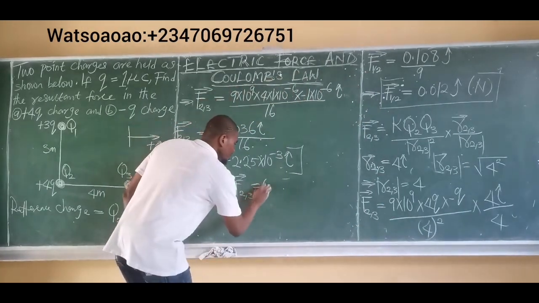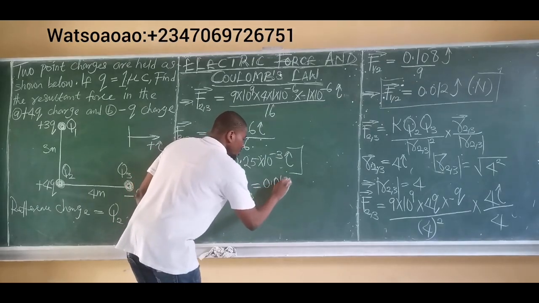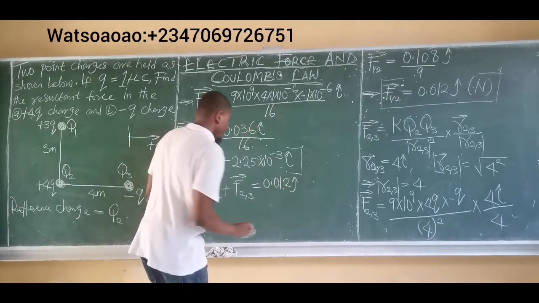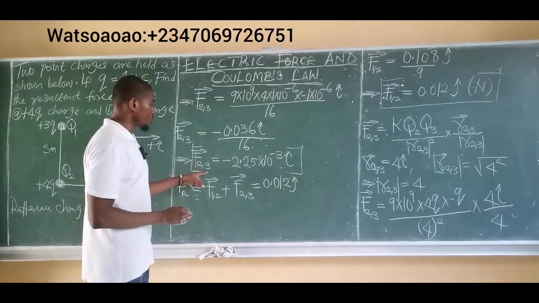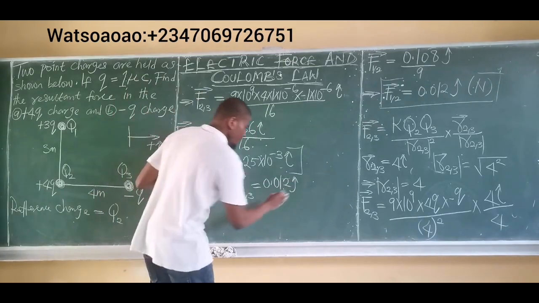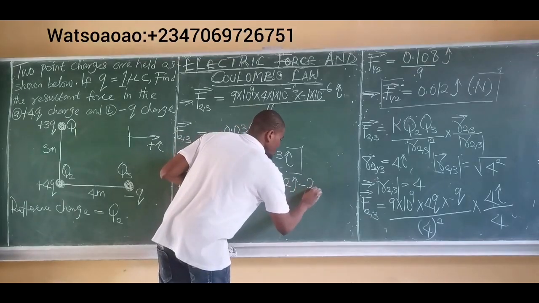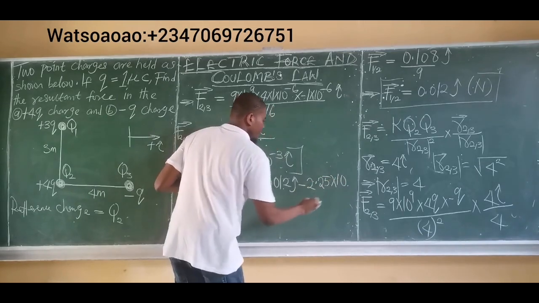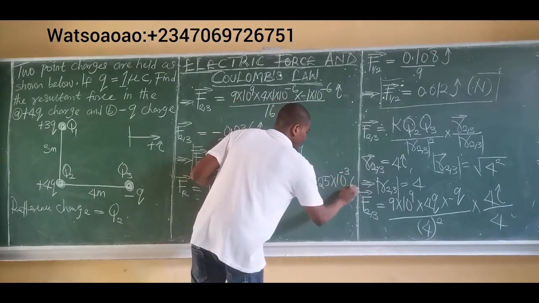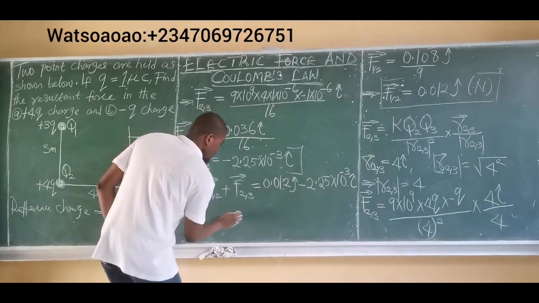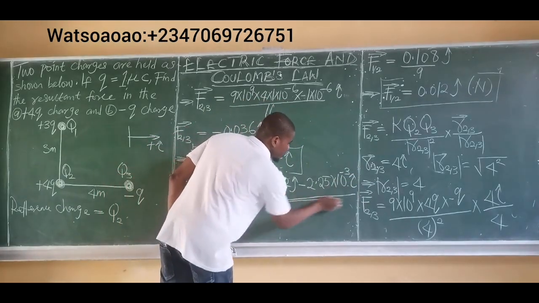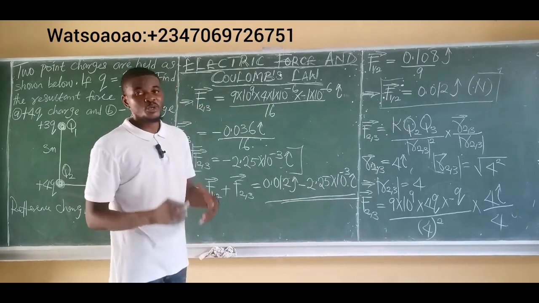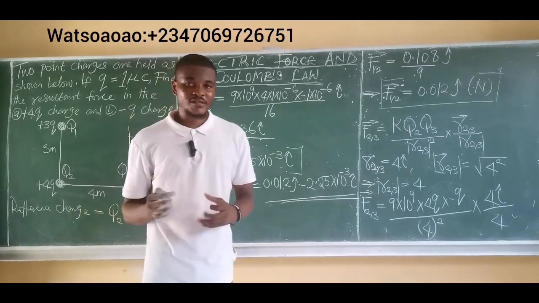So we have 0.012j, and we obtained the force between charge 2 to 3 over here as negative 2.25, so minus 2.25 × 10^-3 in the i direction. So this becomes the value of the resultant force between those point charges.